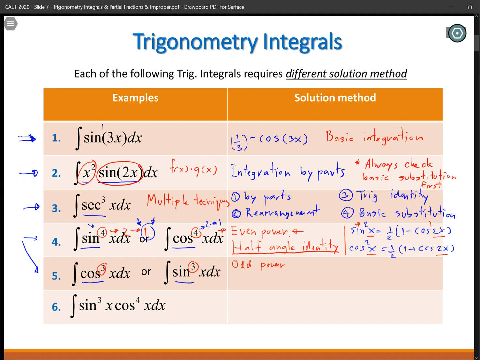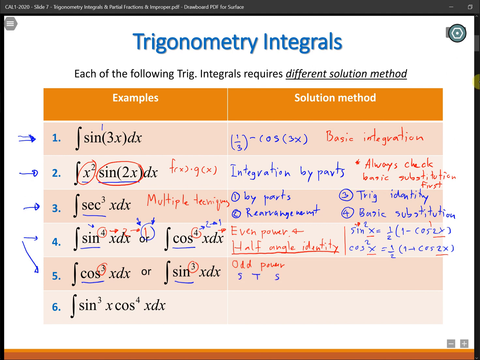All right? But on the other hand, when the power is odd, we cannot use this half angle identity. We have to use a different technique, and I'm going to call it STS. I made this up, but I like it because it's easier to memorize. STS.